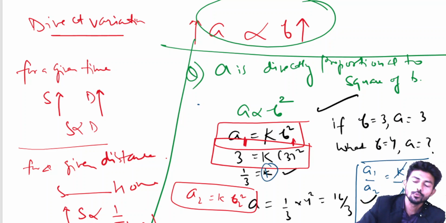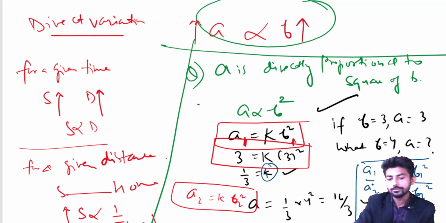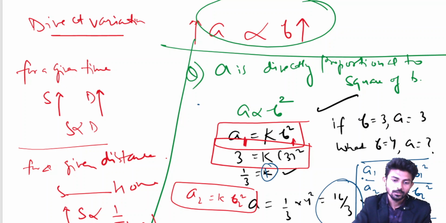Why should we find K if it is getting cancelled anyway? So we can use this relation. A1 was 3 in the first case, and A2 we need to find out. You can write A2 or x, whatever you feel comfortable. B1 was 3 squared and B2 was 4 squared. From there also we get the same answer, 16 by 3. So this is better.